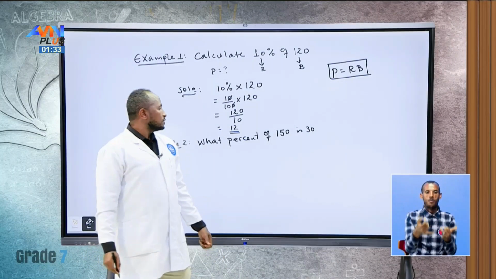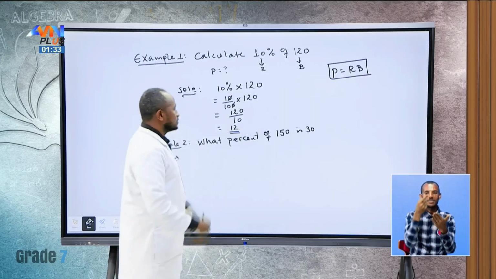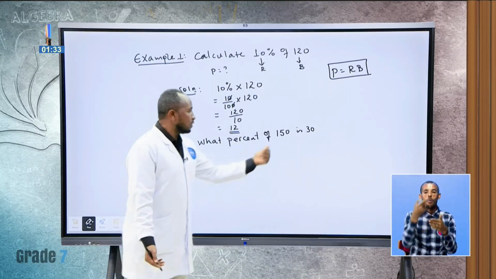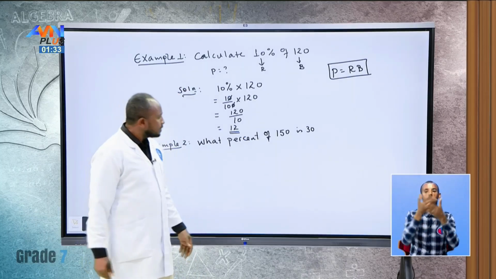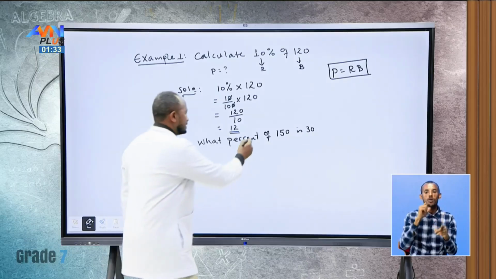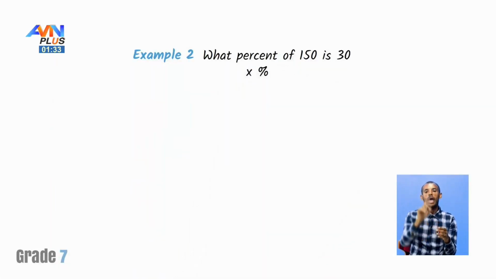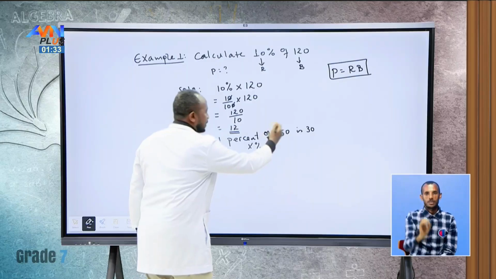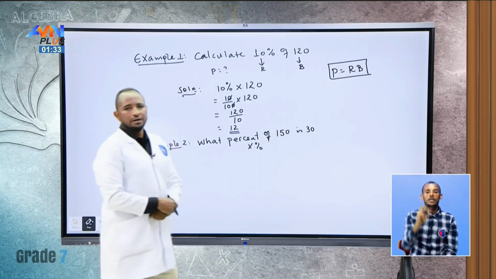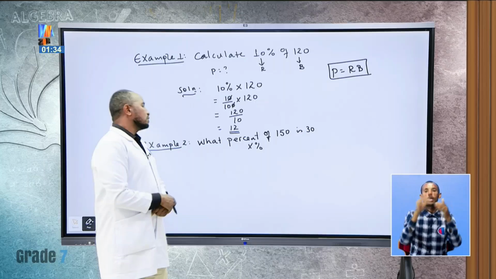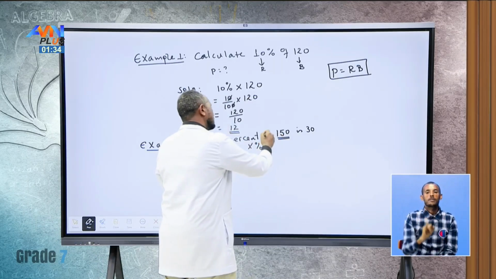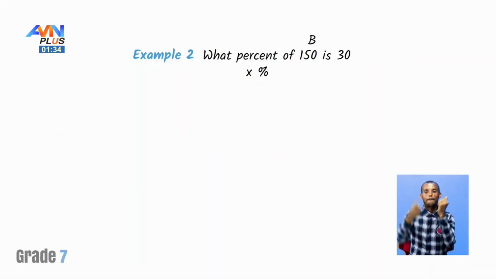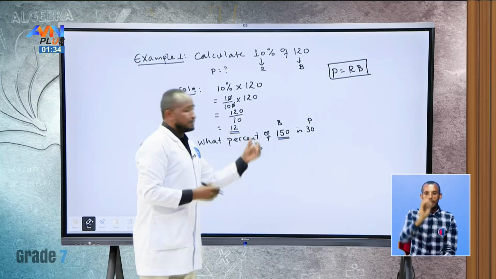Let's convert this into an equation. We don't know the percent, so it will be x percent. So x percent of 150 is 30, so we can find x using this equation. Or using the formula, this number is preceded by "of", so it is the base, and a part of the base is given. This one is the percentage, and we are asked to find the percent, or the rate.